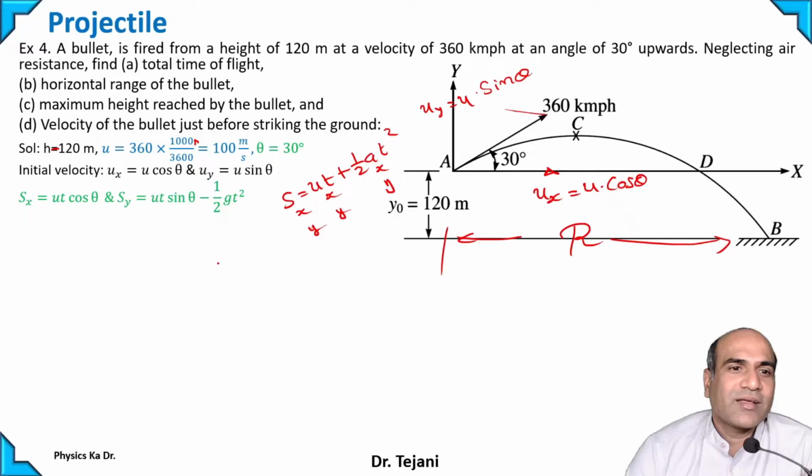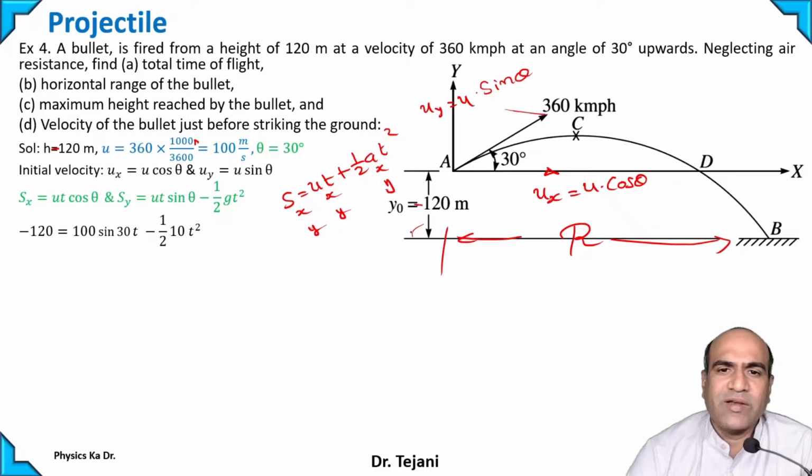Put the value of y0; it should be minus 120 because it is below the x axis. It is going up and then it is moving down.